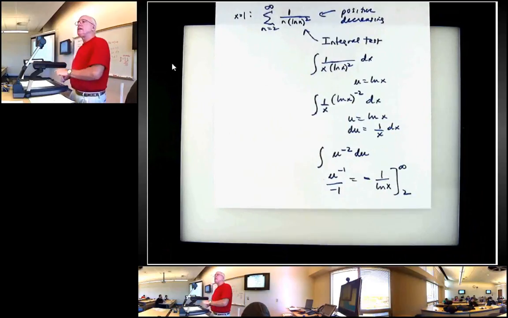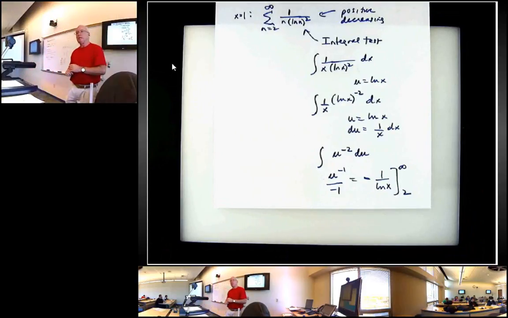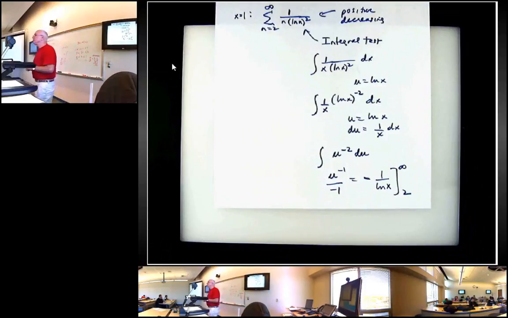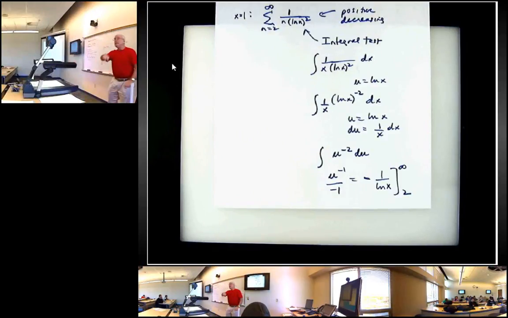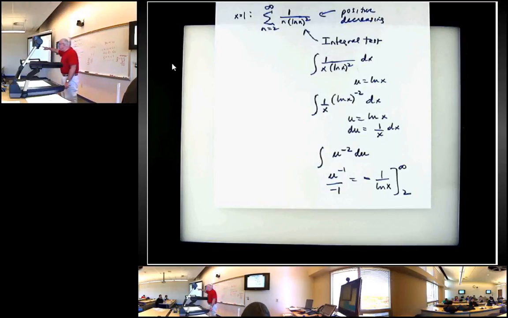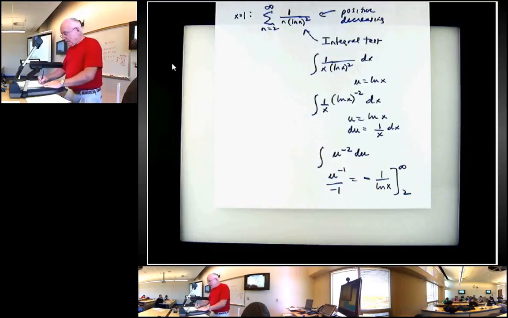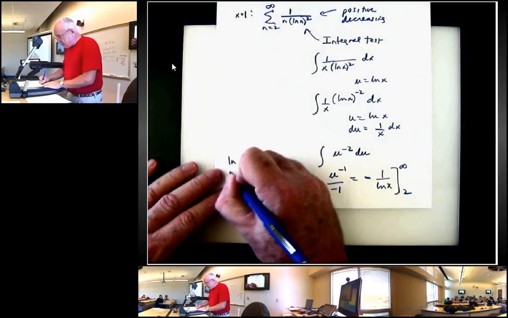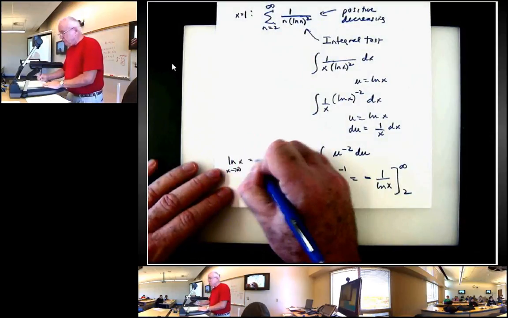What does just the ln of x approach as x keeps getting bigger and bigger, just the denominator? No, it doesn't approach pi over 2. The ln of x keeps getting bigger and bigger and bigger. It gets bigger very slowly, but it keeps getting bigger. The ln of x, as x goes to infinity, is equal to infinity.